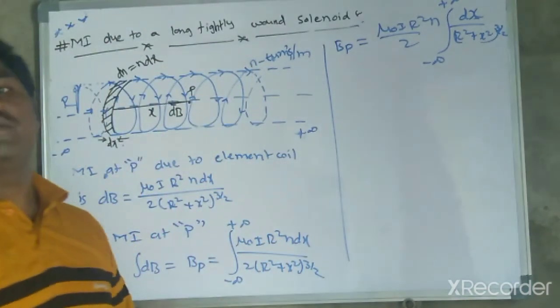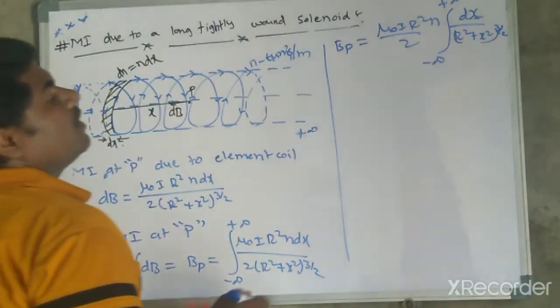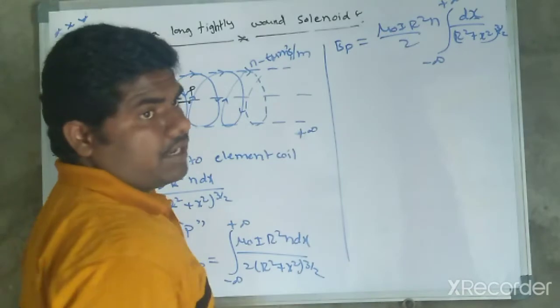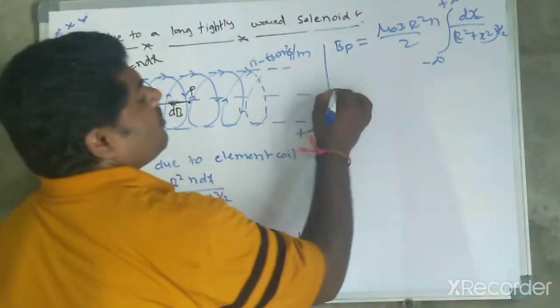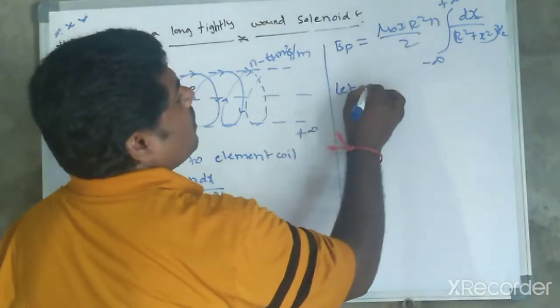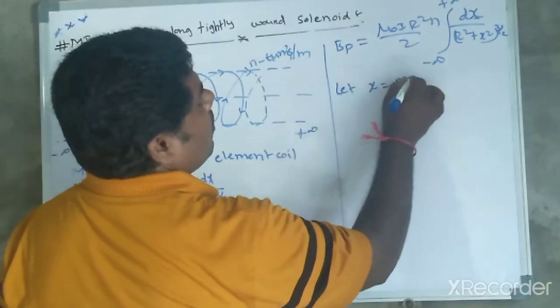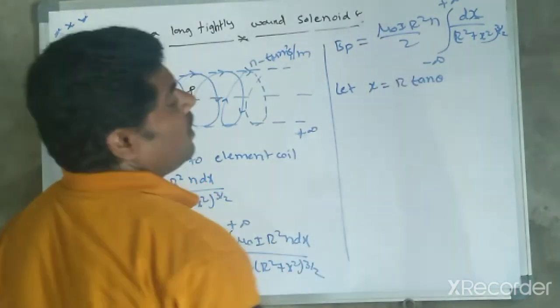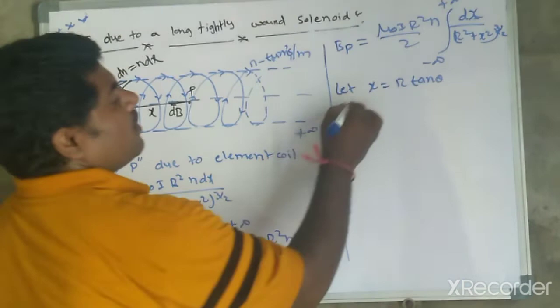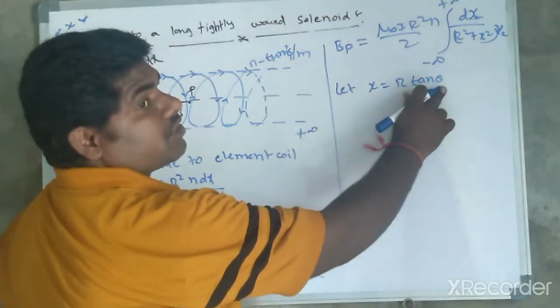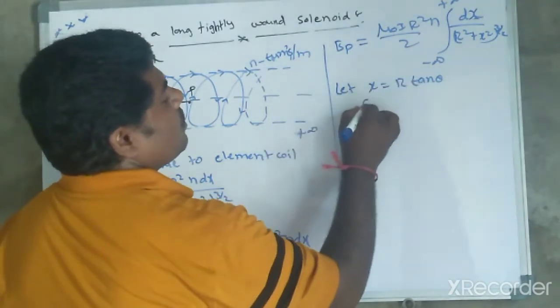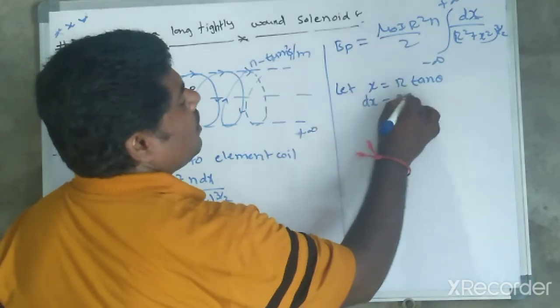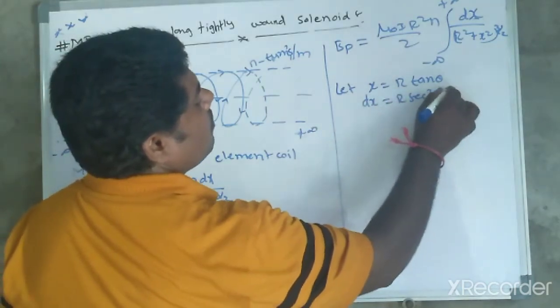This is highly difficult to integrate, so we use a simplification method. Let x equal r tan theta. Differentiating with respect to theta, dx is equal to r into secant square theta into d theta.